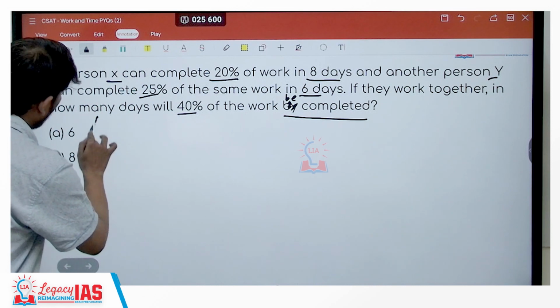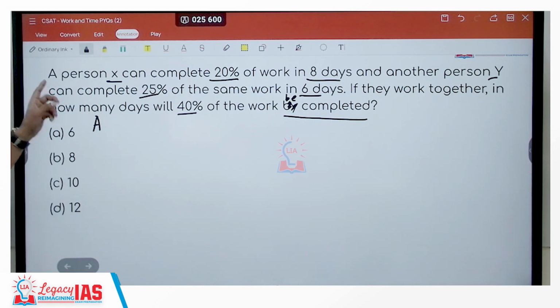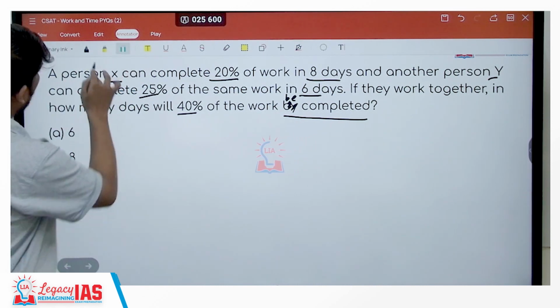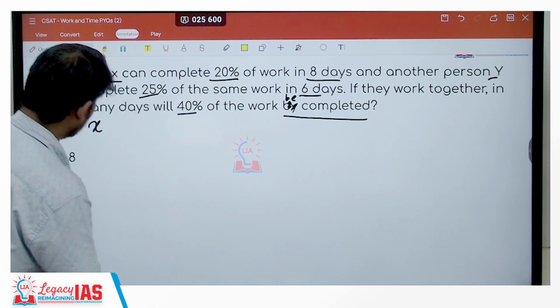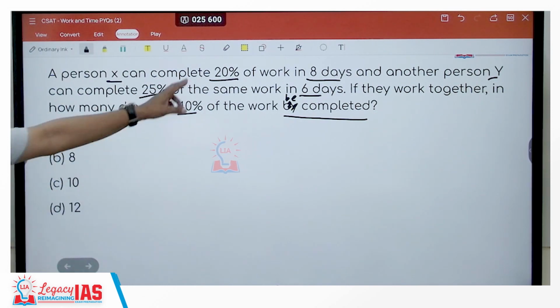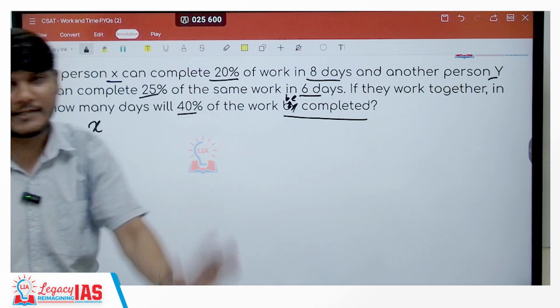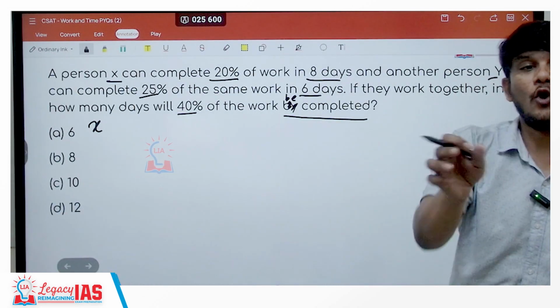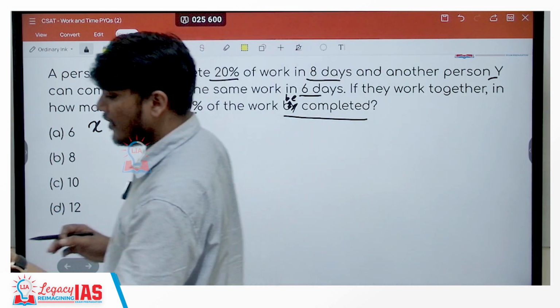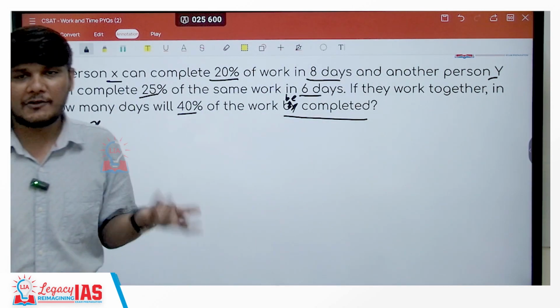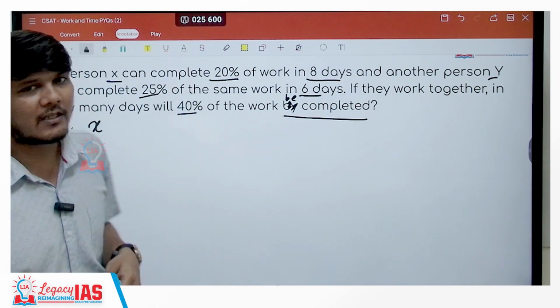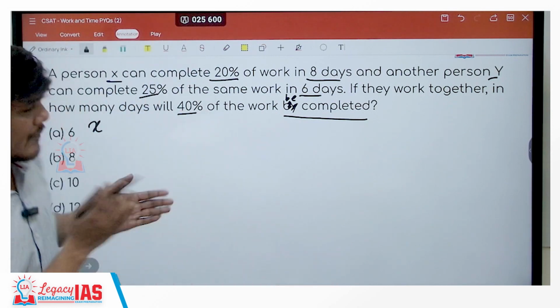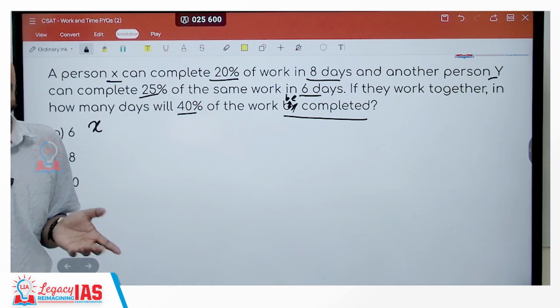So if we talk about person X, X can complete 20% of the work in 8 days. So what is 20% of the work? You should also know the percentages and their ratio or fraction. So 20% is nothing but 0.2, just like 20% of 100 is 0.2 into 100.